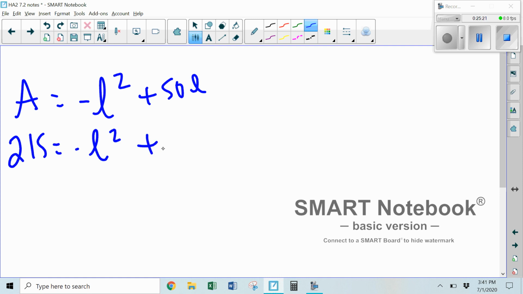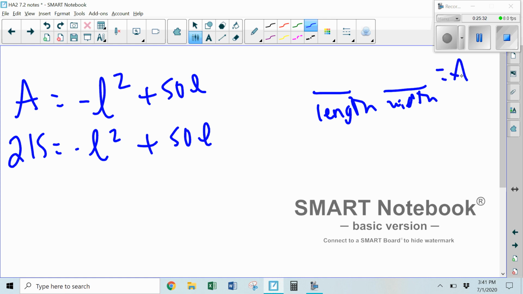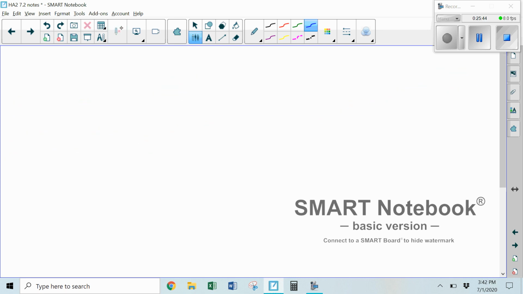If I wanted to know what length and what width gives me an area of 215, I could solve this. That would give me the length. Once I have the length, it's a rectangle, so I can find the width. So I can find any area I want. Okay, so that's what's going to happen on the next page.